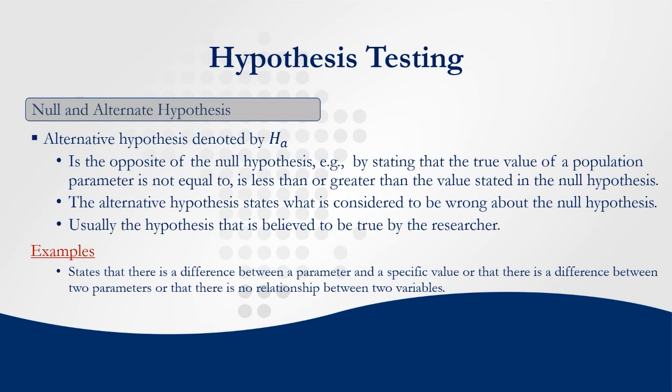Then the other way to put the alternate hypothesis is if it's got a direction. So you will say the average performance of learners who were taught using the new teaching method is higher than the average of those who were taught using a standard approach.